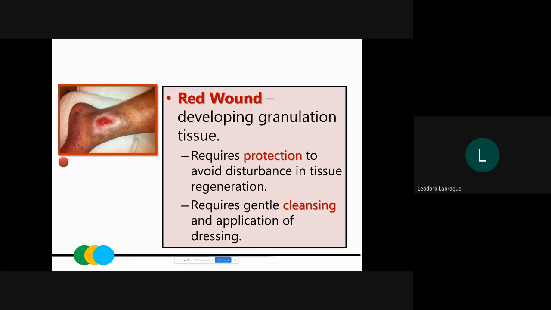You just do a simple wound cleansing. And of course, you apply dressing. What is dressing? It is a material that you apply over the wound. Later on, I'm going to show you what wound dressing is and why we dress the wound. Okay, that is for the red wound.